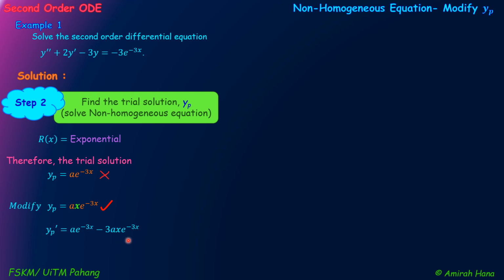Okay, and after that we need to find yp double prime, means we differentiate yp single prime. So we got this: negative 6ae to the power of negative 3x plus 9axe to the power of negative 3x, right?